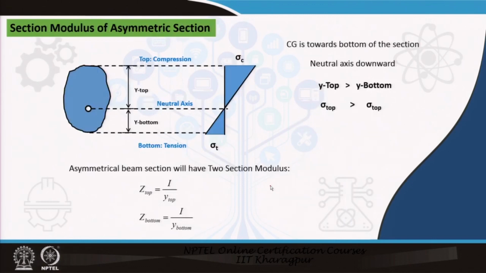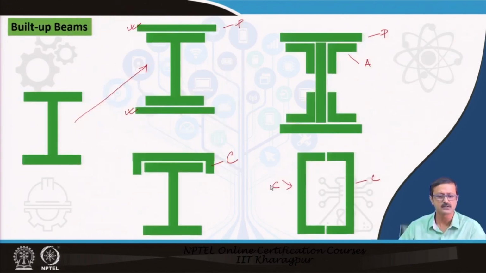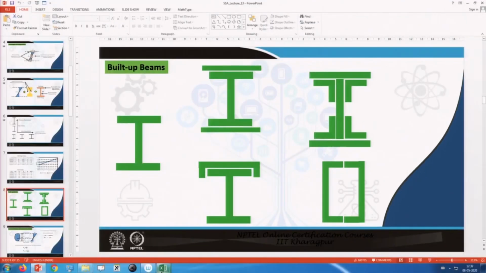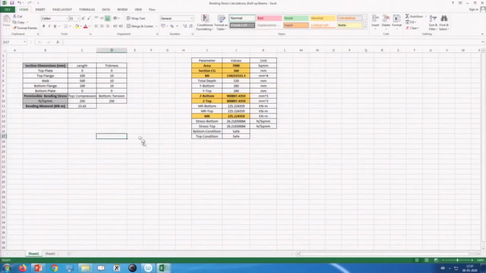Okay. Now, let us go to another kind of criteria where we can see the sectional modulus, and also for this particular built up beam, let me go back to another Excel sheet where I have introduced this top plate and a bottom plate along with the top flange, web and the bottom flange, right.